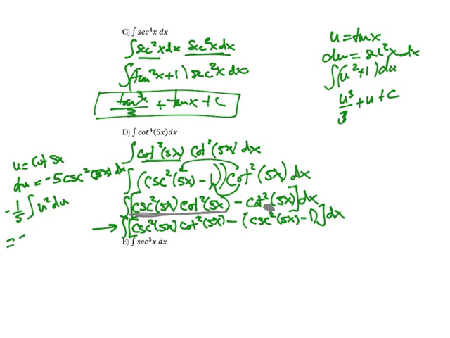So that would be negative 1/5 times u cubed over 3 plus c. So that's this part. When I integrate cosecant squared of 5x, that's just cotangent, well, actually it would be negative cotangent, but I have to deal with the 5, so I need a 1/5. And then when I integrate 1, I would just get x.